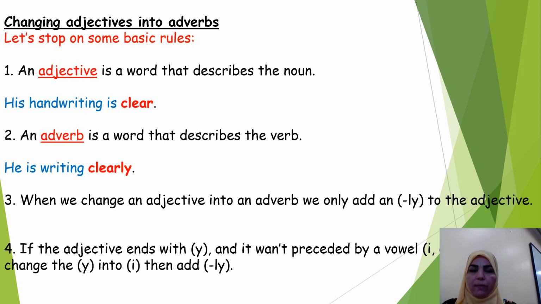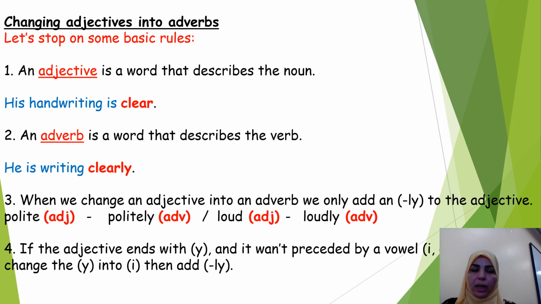For example, polite is the adjective, and the adverb from polite is politely. Loud is an adjective; the adverb from loud is loudly. We add ly to the loud to change the adjective into the adverb.